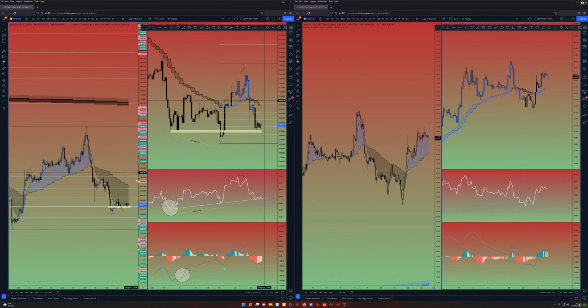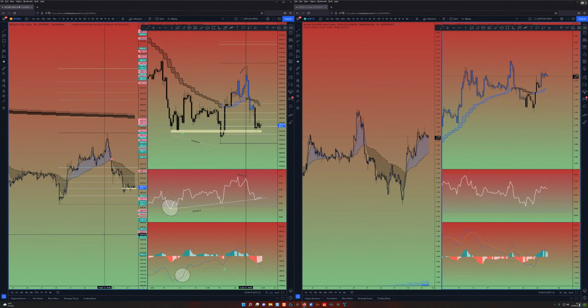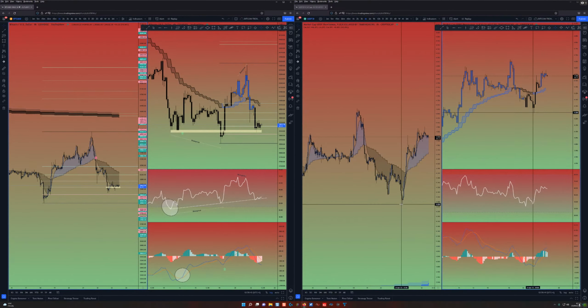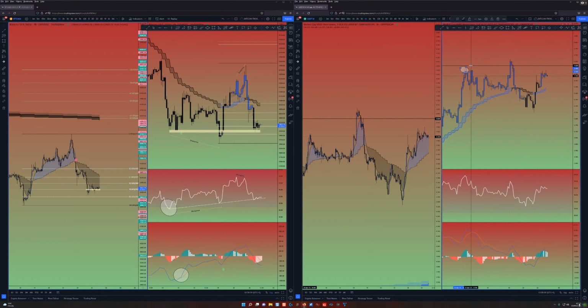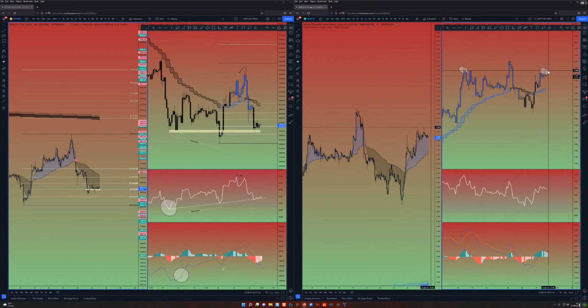It's the USDT dominance. So on this right hand side, if we just look at this, okay, we've got one shoulder there, another shoulder, and then a head.